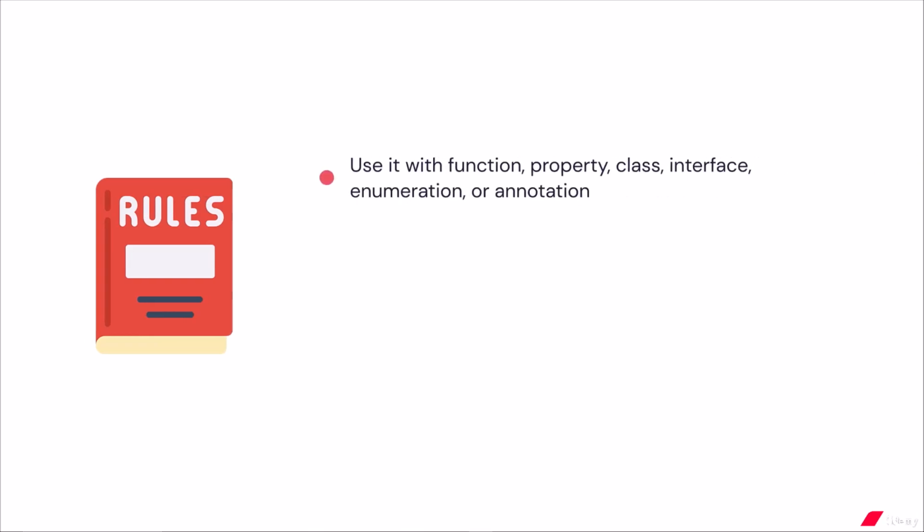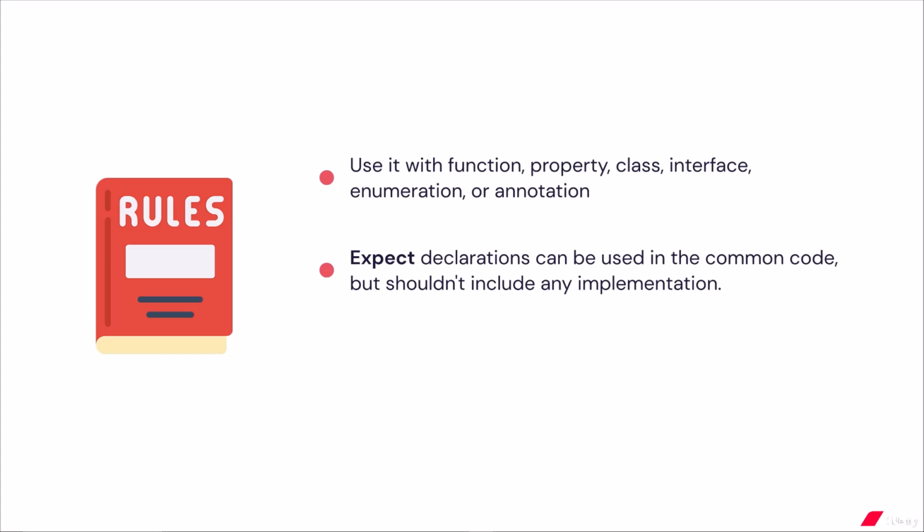The first thing, we can use the actual and expect mechanism with functions, properties, classes, interfaces, enumerations, and annotations. Then we need to mark them with the expect keyword, and this is your expected declaration. So these declarations can be used in the common code, but shouldn't include any implementations.